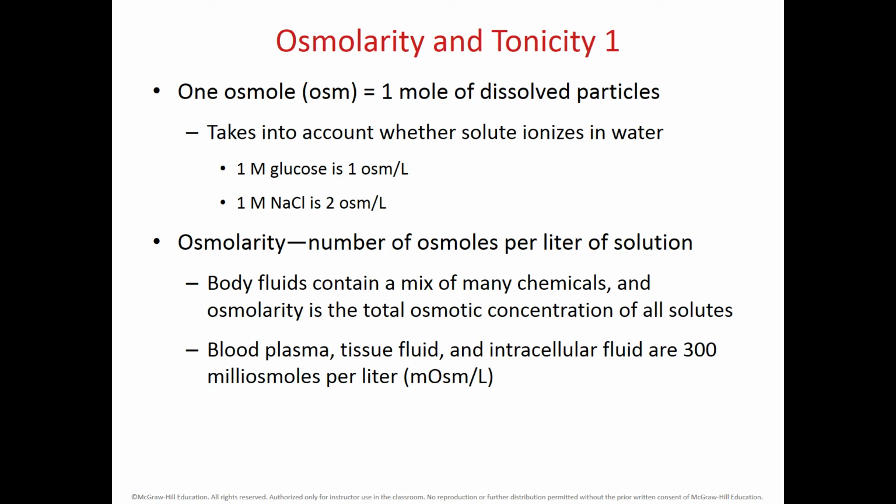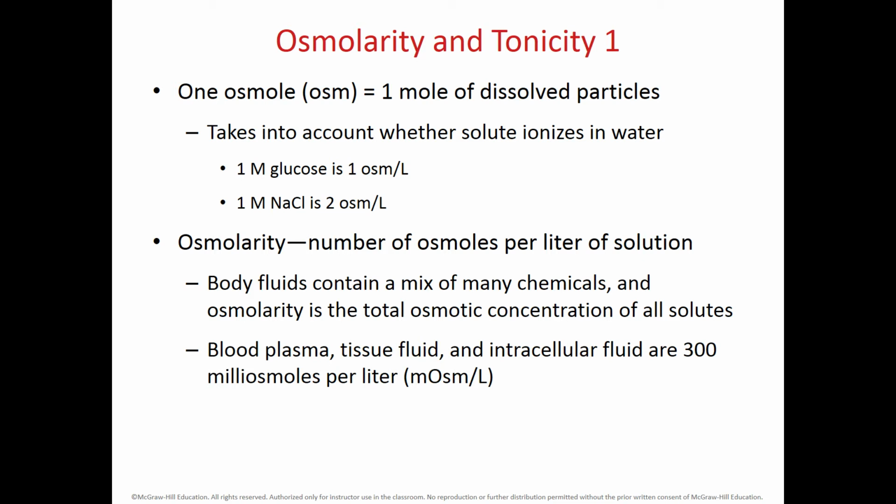So in the case of glucose, 1 molar glucose is 1 osmole per liter. And when it comes to sodium chloride, it is 2 osmoles per liter. Now osmolarity is the measurement of how many osmoles you have, or solutes you have, in a liter of water or a solution.